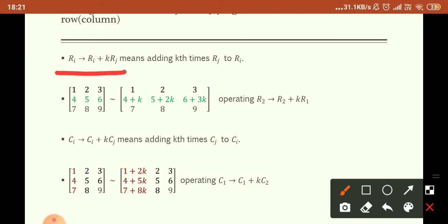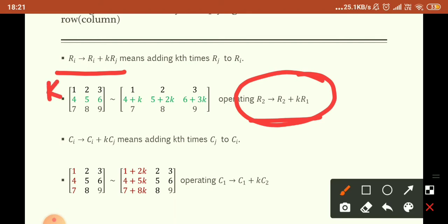Here is an example, row 2 plus k into row 1. That means row 2 is added with row 1 multiplied by k. So row 1 is multiplied with k and added to row 2, and this is the new row 2. Row 2 has been changed.